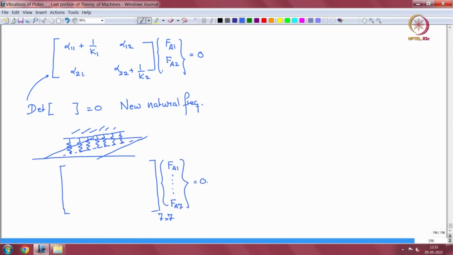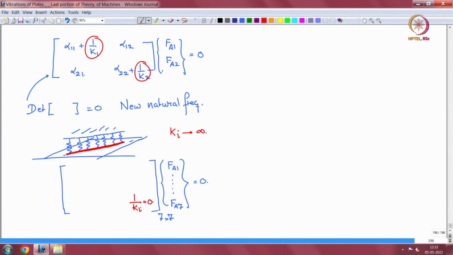And suppose I want to put a zero displacement constraint along this line. I do not want displacement along this line. I can set all the ki's to infinity. Then all the diagonal 1 by ki type terms will be going to 0.